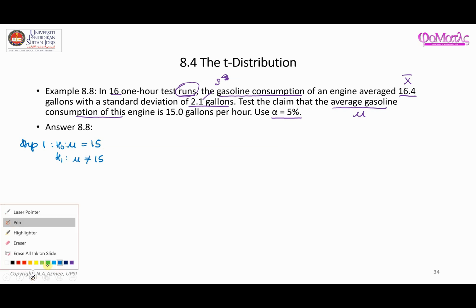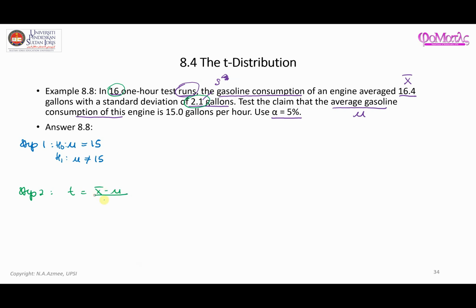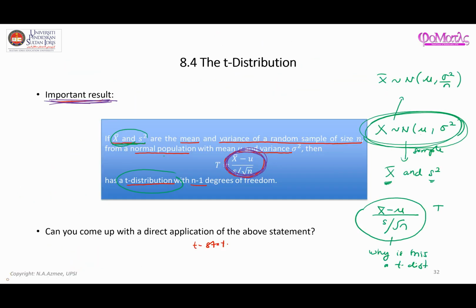Next, step 2 is where you calculate the test statistic. Since the sample is small and we only have the standard deviation to work with, we can use the formula x bar minus mu over s over square root n, which you have seen given here.